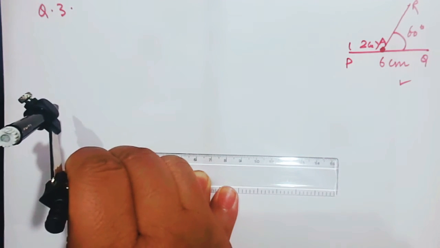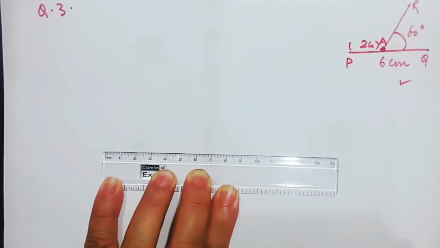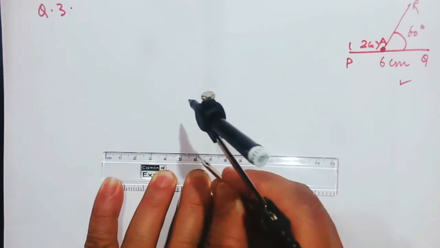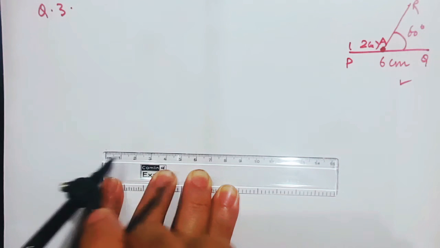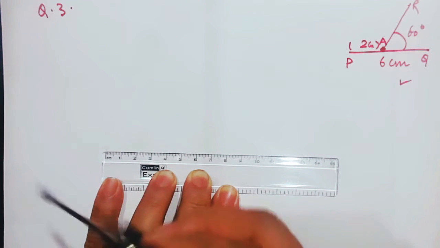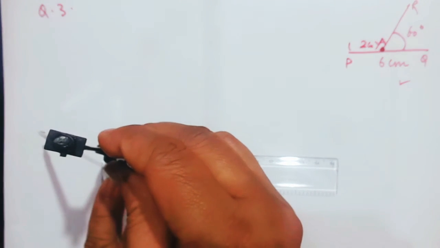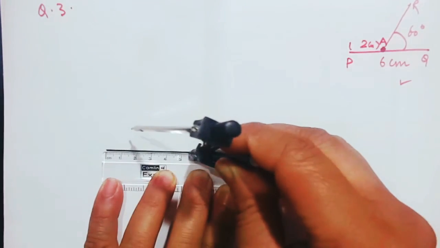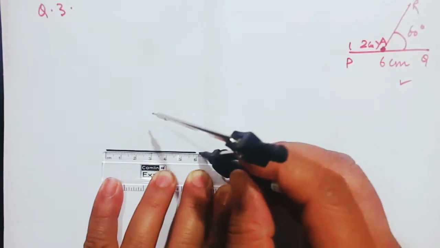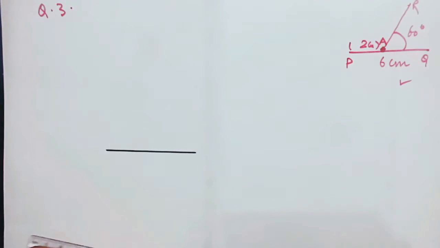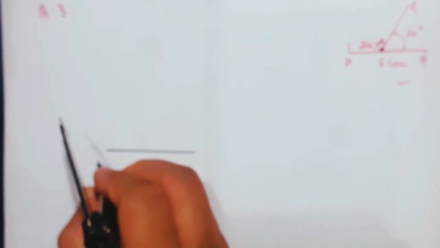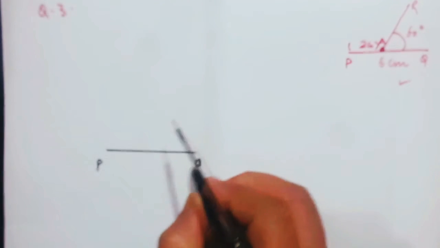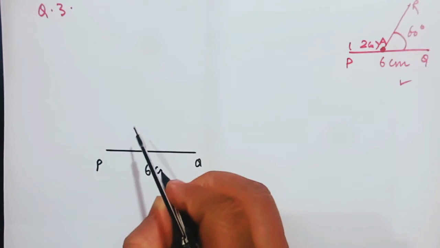First I'll put a point over here, then at 6 centimeter I'll mark another point. So I have got exactly 2 points. Now I am free to use the pen portion to join these 2 points. So now this length, that is PQ, has become equal to 6 centimeter.